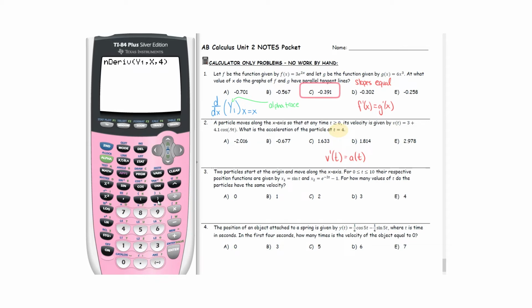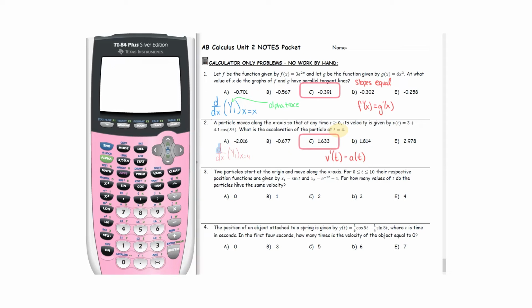So in the fancy calculators, that'll look a little bit different. And here is our value, 1.633. So again, that's because we were given the velocity and we needed the acceleration. So we just needed to do the derivative of the velocity at that spot.